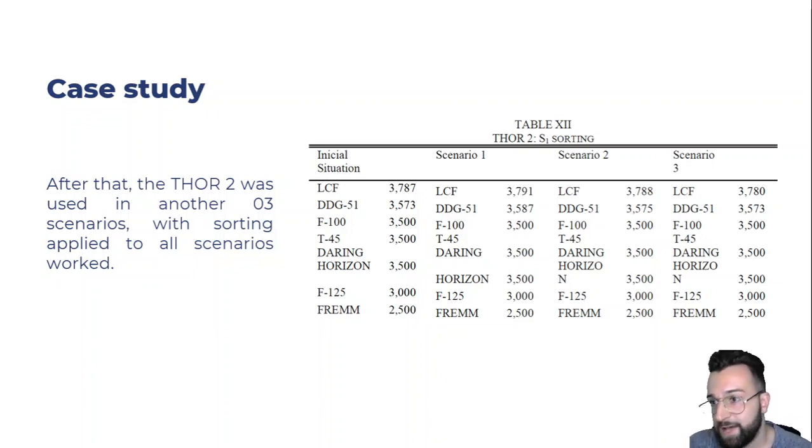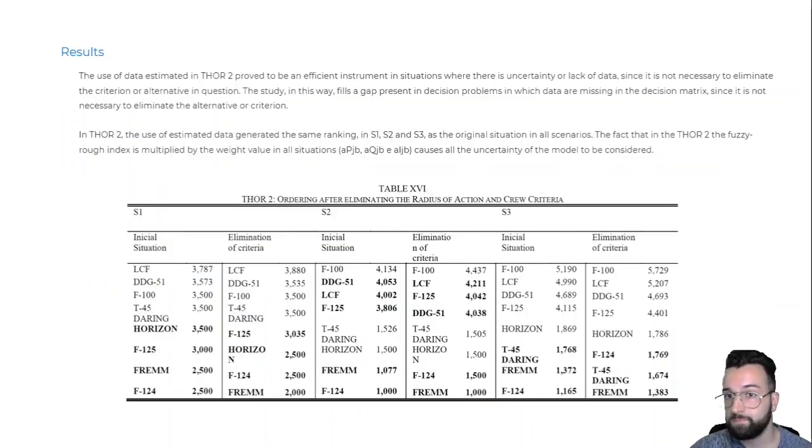And after that, THOR was used in another 3 scenarios, with sorting applied to all scenarios worked, okay? Here we have the THOR S1 sorting in the presentation that you are seeing right now, but this was used in S2 and S3 too. So the sorting of THOR was used in other situations.